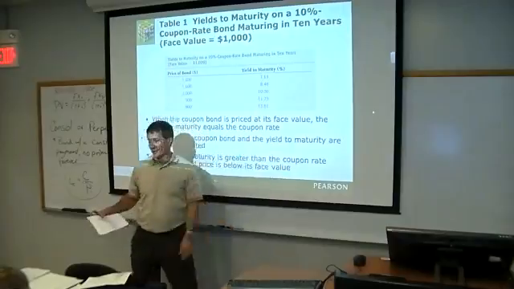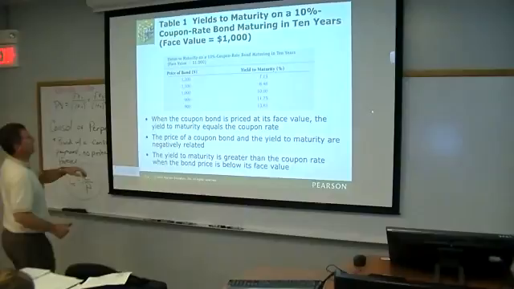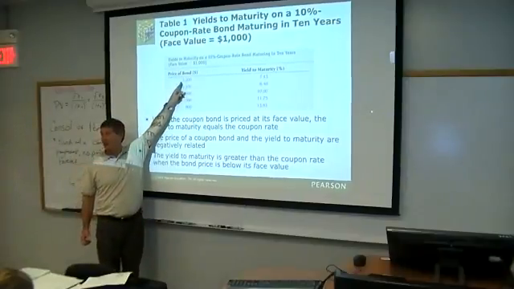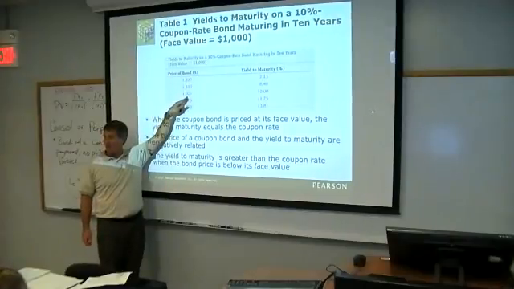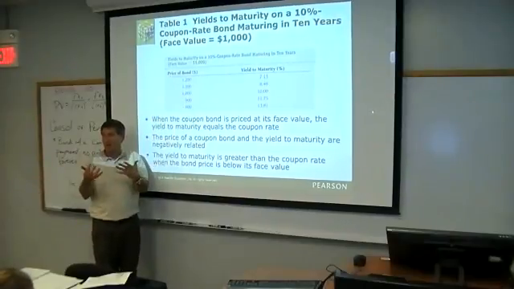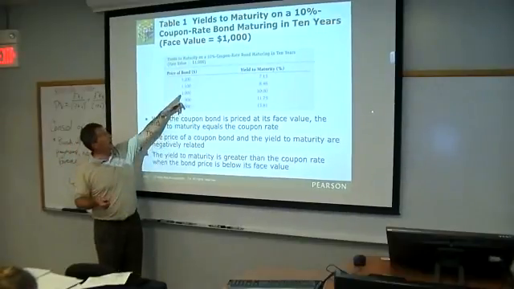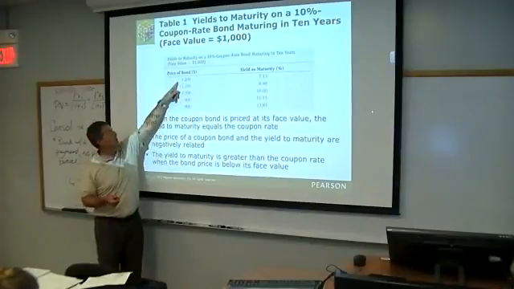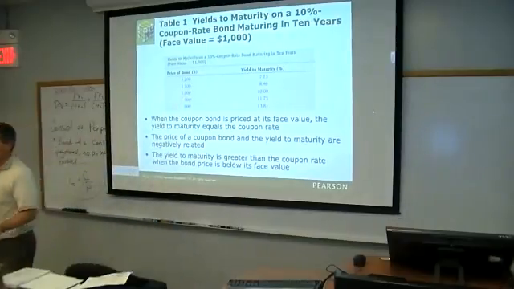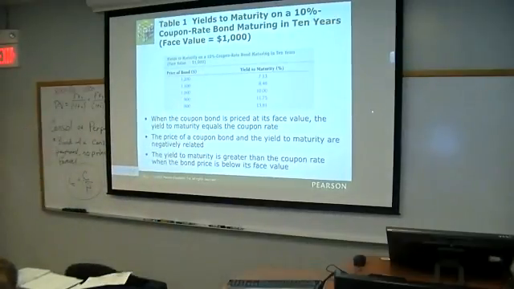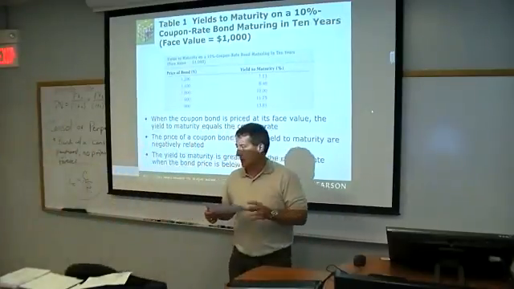So in order for Kurt to be willing to unload this, he's going to have to be paid more than the face value, because it's paying out 10%, more than what the market is paying. Somebody has to offer him more than the face value, so it sells at a premium. Everything goes back to market rates, and that's what drives bond prices.